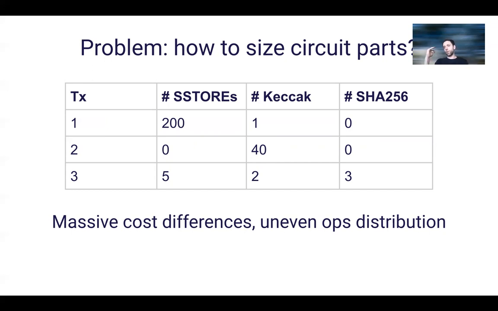Because if you just reserve an equal number of gates for storage access and for cache hash and for SHA-256, then it would be very inefficient if some block does not utilize all of it, because the blocks and transactions are very heterogeneous. One transaction might require a lot of storage accesses. Another transaction does a lot of EDDSA signature checks, so you need a lot of cache hashes. And yet another transaction uses SHA-256 for some reason. So it's not clear how to dispose it.